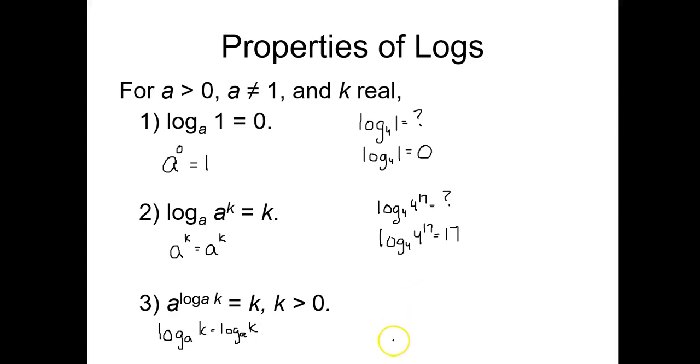But if you're given 4 raised to the log base 4 of 9, and you're trying to see what that equals, well, based on this property, you can immediately say that's supposed to be 9. So there we go. Properties can help you work on some problems pretty quickly.